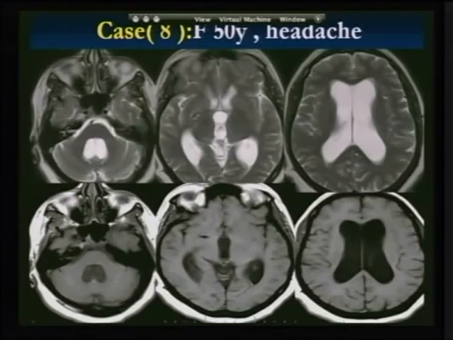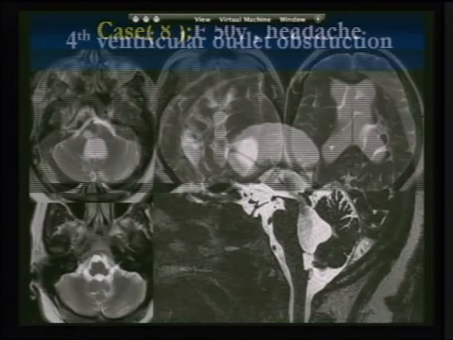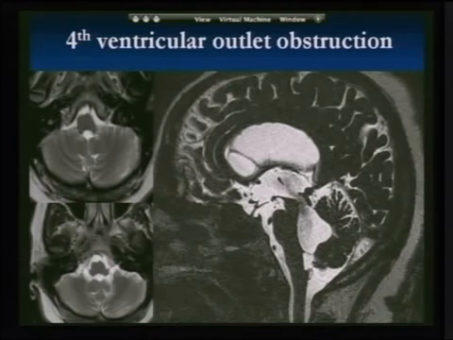Another patient, a 50-year-old female, coming with headache. Both supratentorial and infratentorial ventricular dilatation seen. Again, no transependymal CSF permeation. We can see that the aqueduct is patent.